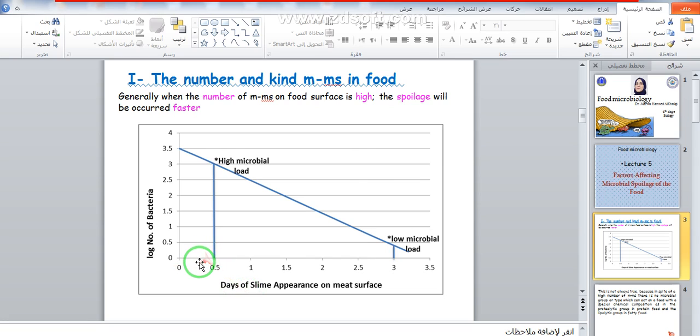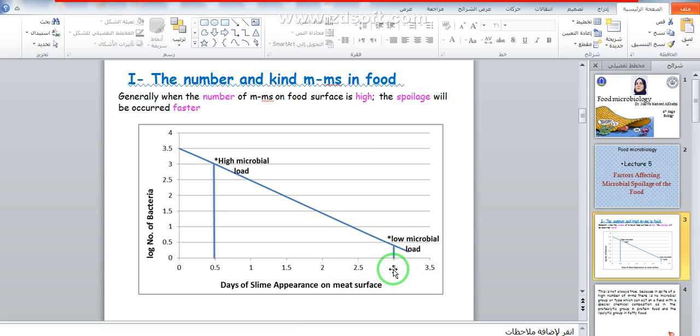So, when the meat piece is loaded with a high microbial load, it will spoil faster than one with a low microbial load. This is regarding the number of microorganisms.